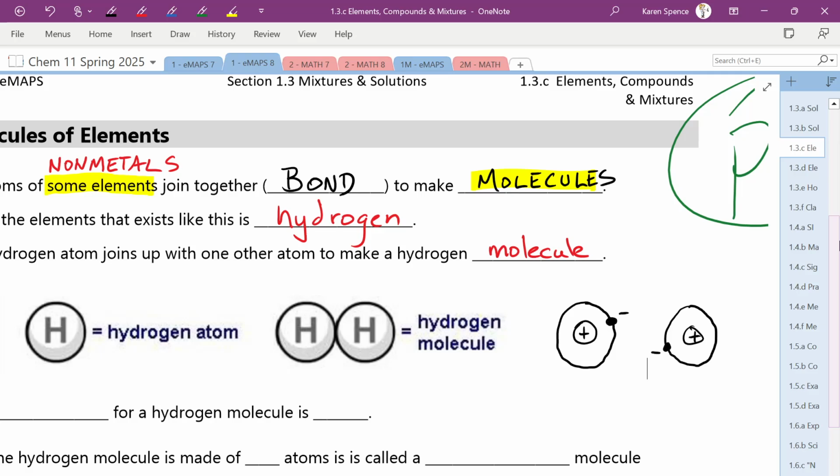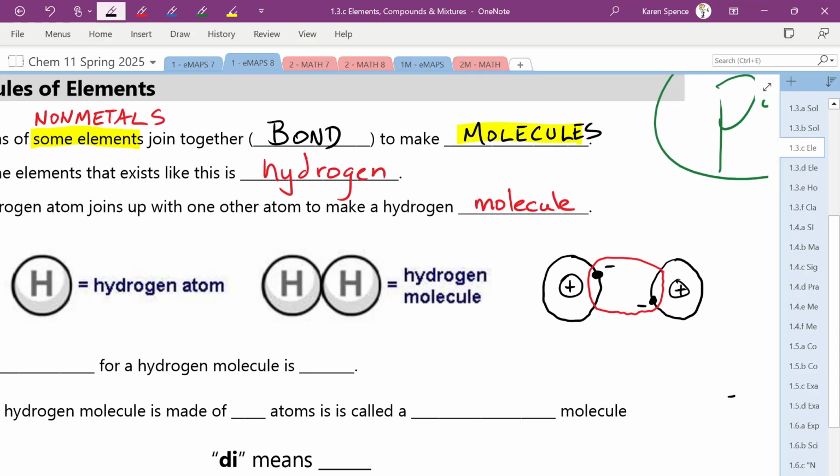How could these 2 hydrogen atoms help each other out? They could join together. They could be like, I will share with you if you share with me. Okay? So we would now have our 2 electrons being shared.